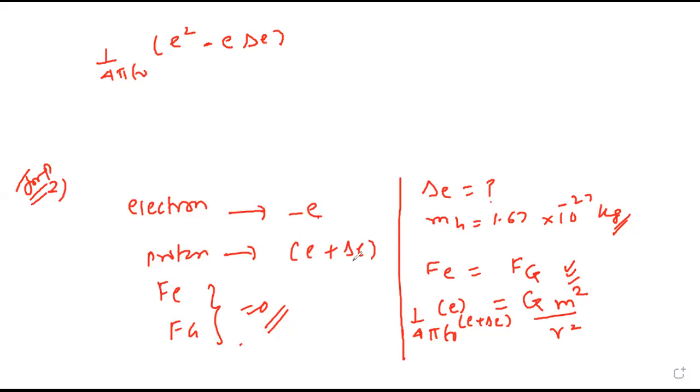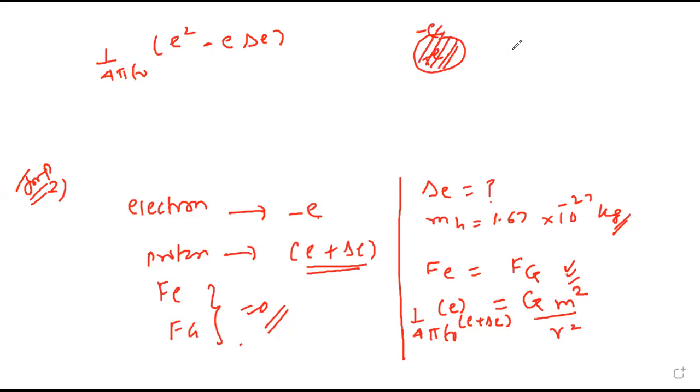Electron is minus E and proton is slightly more. If both were equal in the hydrogen atom, would it be electrically neutral or not? If it has the same proton and electron, what is the net charge? 0.